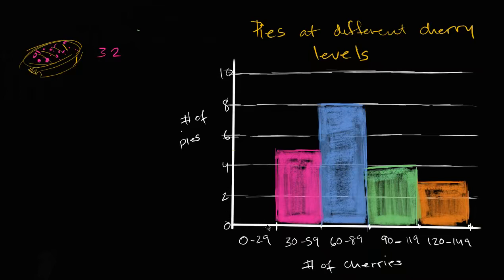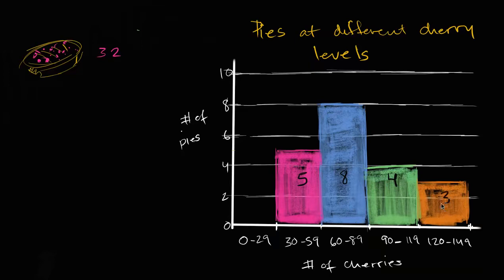Well, what's the total number of pies? Well, let's see. There's 5 pies that have at least 30 cherries, but no more than 59. You have 8 pies in this blue bucket. You have 4 pies in this green bucket. And then you have, what is this?